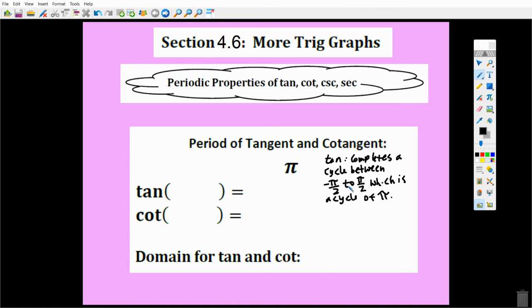Okay, so that is for tangent. Now for cotangent, this one completes a cycle between 0 and pi.